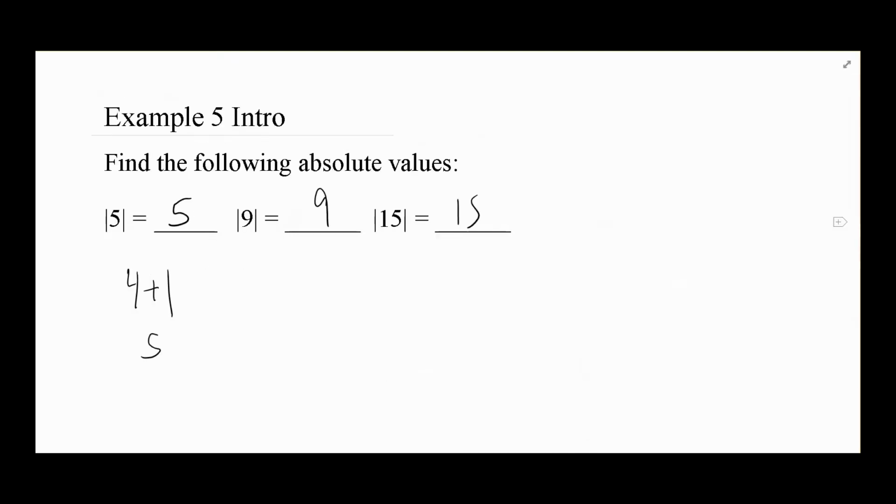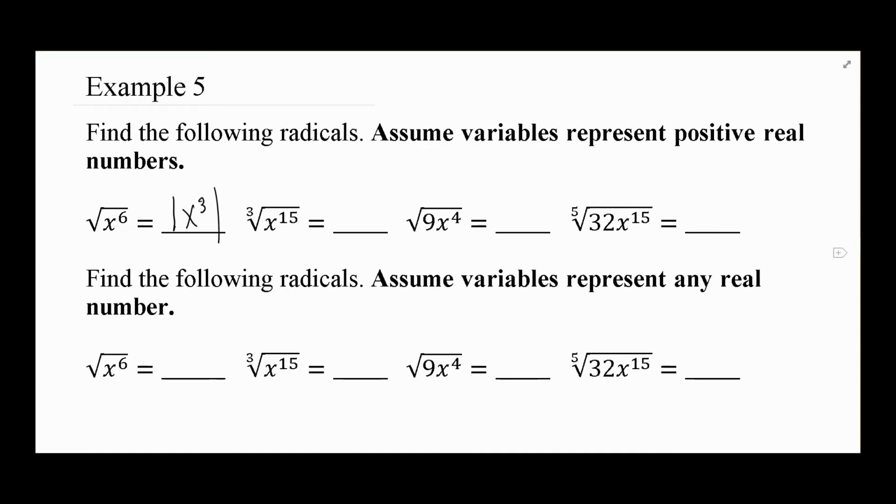No. That gets back to what we were talking about in the intro to this example, to say if you have the absolute value of a positive number, you don't need the absolute value bars. You know that it's positive, and so there's no need to say make it positive. So if we have these special directions that specify your variables are positive numbers anyhow, then we don't need the absolute value bars.